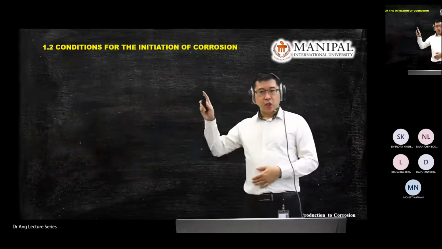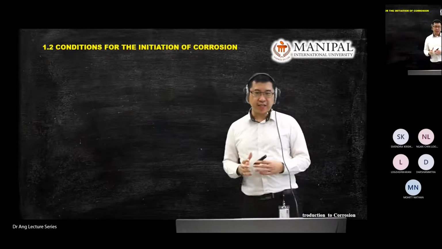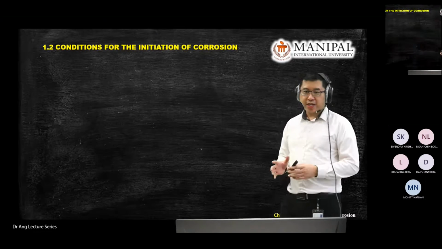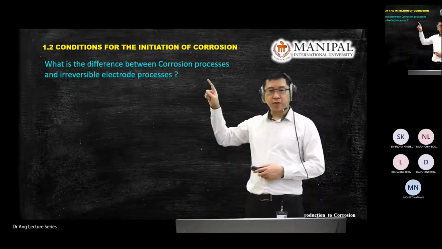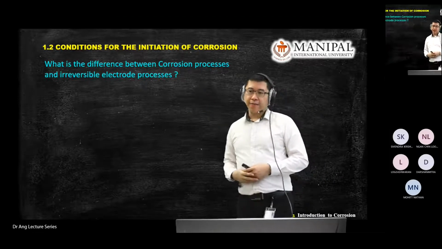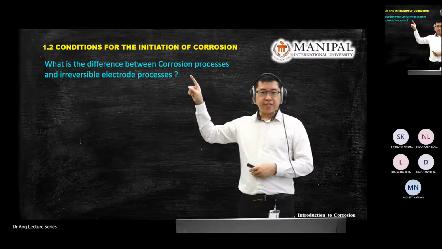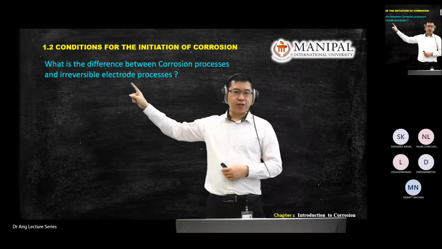Next, we will look at what triggers the corrosion, what triggers the process. Okay. So this is a question you should ask yourself. What triggers the process? But before that, just now we defined what is corrosion, right? What is the electrolysis process?